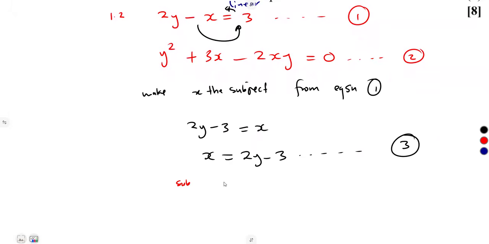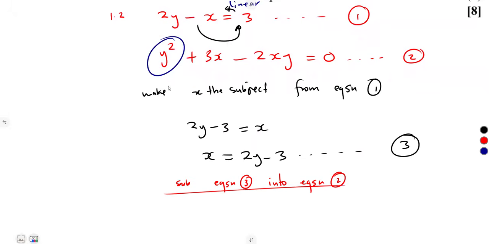So let us substitute, guys, in place of x. The first one is y squared plus 3x. So in place of x, you are going to substitute 2y minus 3, minus 2xy.